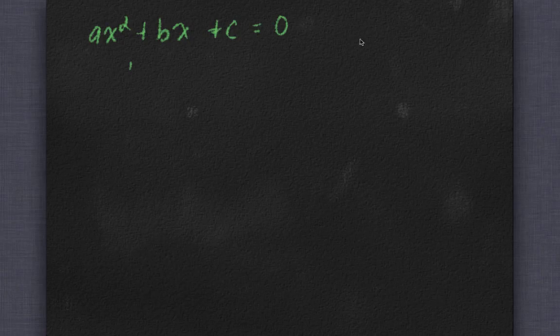Because remember the thing I did before where I was saying, oh, well, it needs to look like x squared plus blah, blah, blah. I had just an x squared. So the a needs to go. But you can do it now or you can do it in the next step. So I'm going to do it in the next step. So I have this. Then I'm going to take out the a.